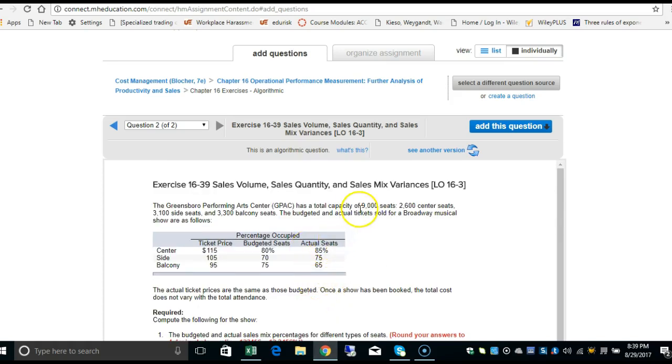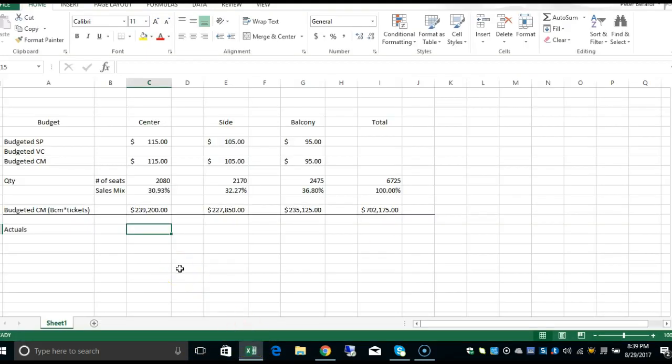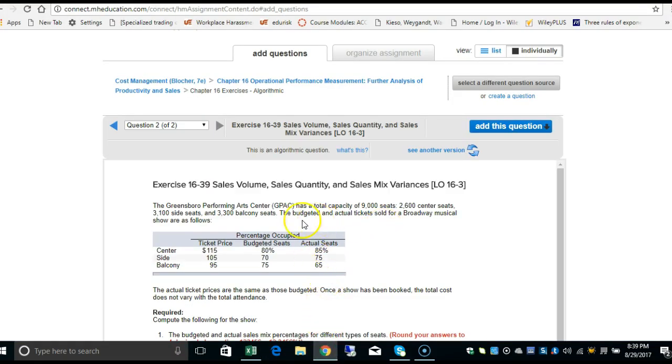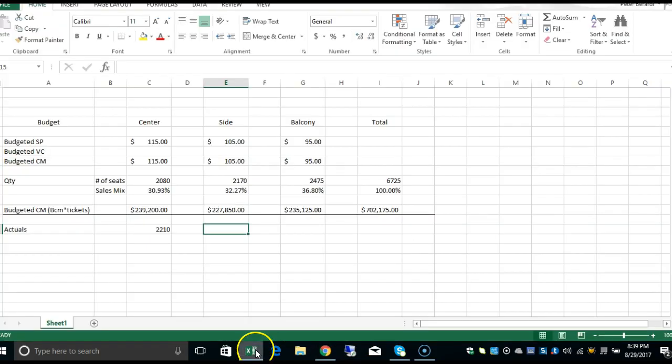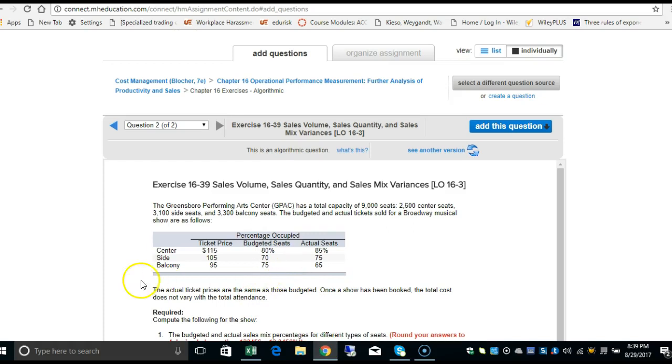So we're going to take 85% of 2,600, 75% of 3,100, and 65% of 3,300.